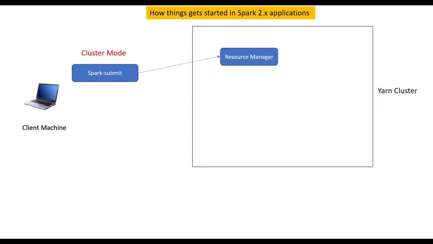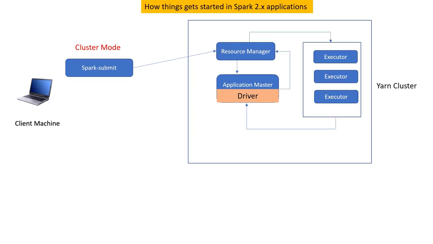The resource manager starts an application master, and then the driver starts in the application master container itself. That's the only difference. The rest of the things are the same. In the cluster mode, the driver resides inside the cluster itself, and in the client mode, the driver resides on the local machine.